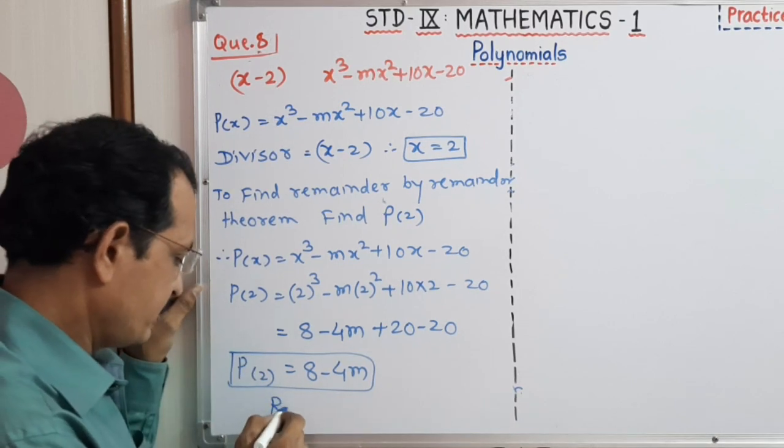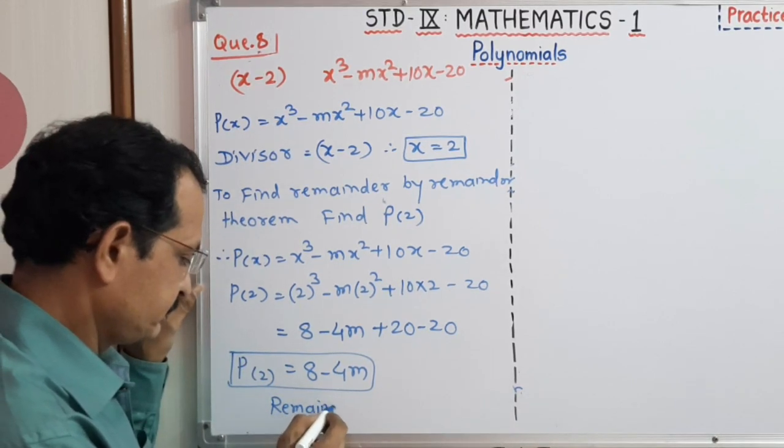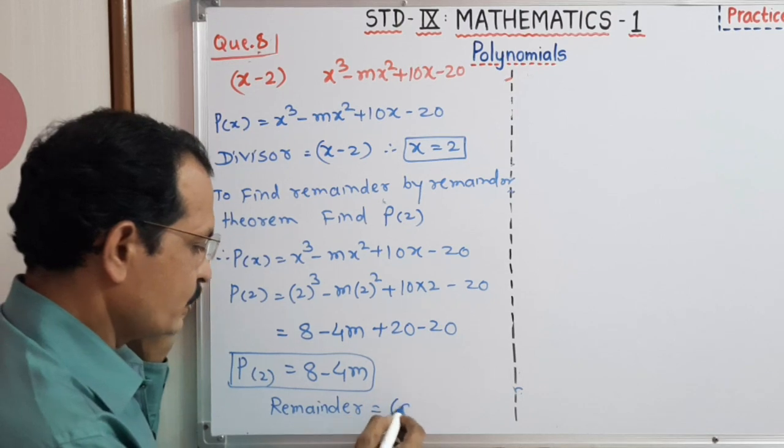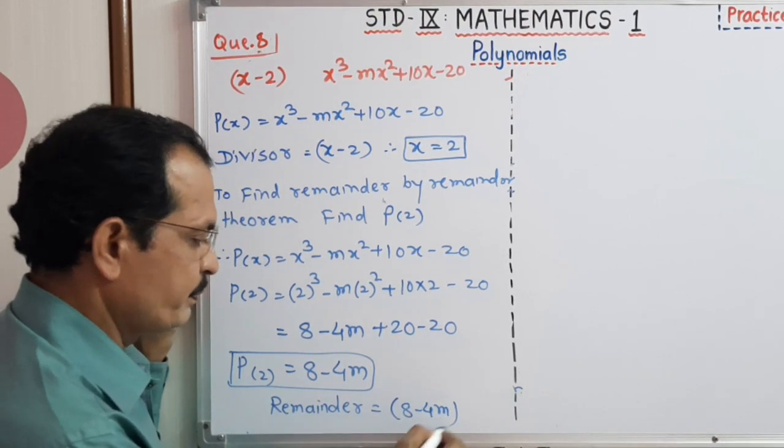This is the remainder, which is equal to 8 minus 4m.